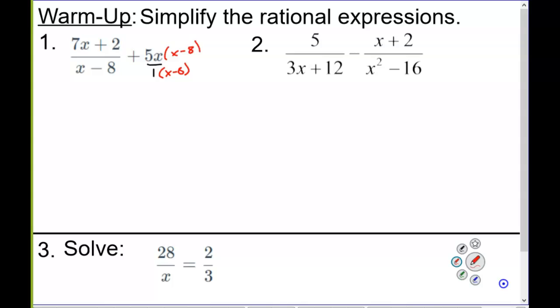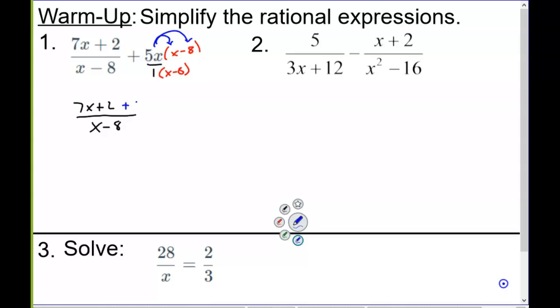So I have to multiply the top and the bottom by x minus 8, so that way it has the same denominator. And then what I would do here is take the top numerator, 7x plus 2, and add to it the other numerator after I distribute 5x.